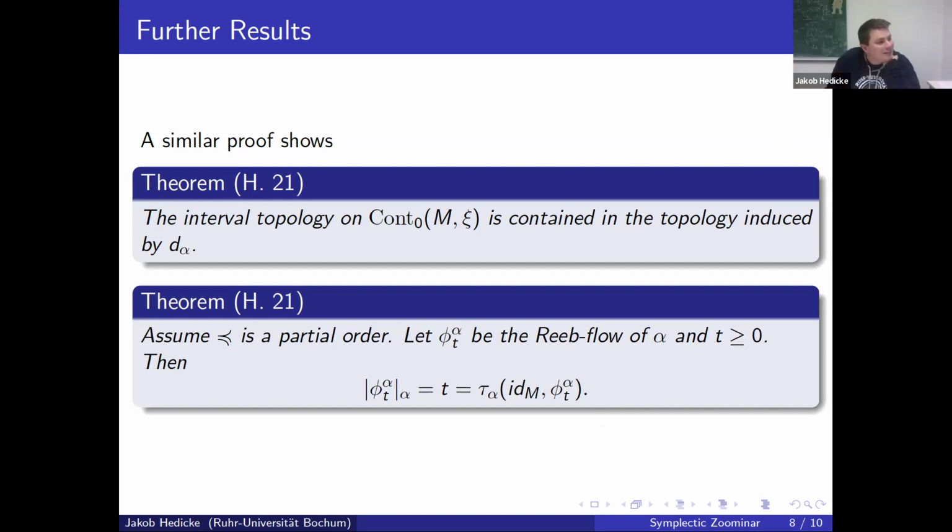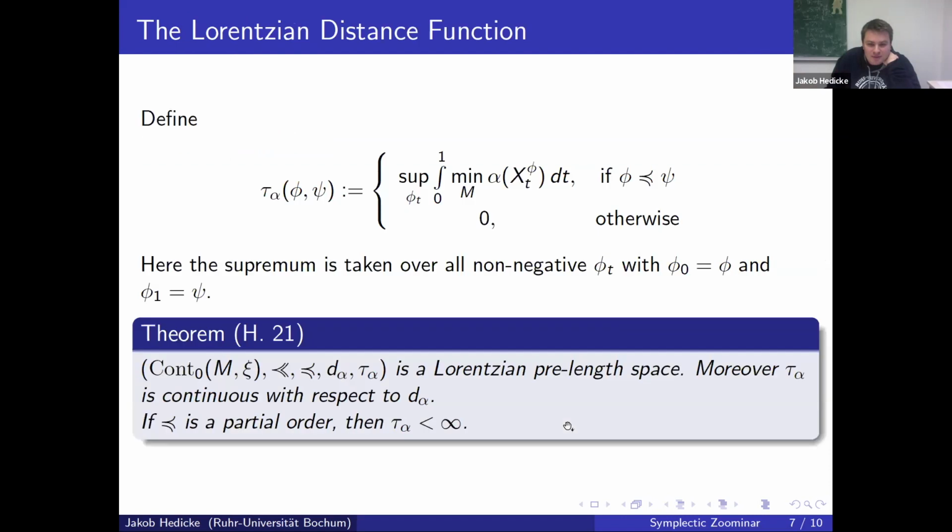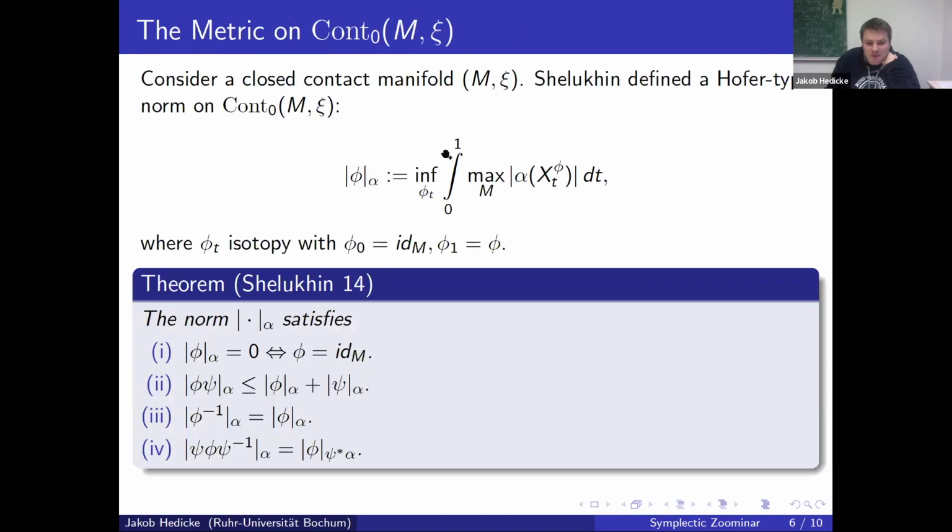I think it was in the case of certain unit cotangent bundles or jet spaces, where one can use spectral invariants, and there are estimates in terms of spectral invariants: the integral of the minimum of the contact Hamiltonian is less than or equal to some spectral invariant, which is bigger than or equal to the maximum of the contact Hamiltonian.